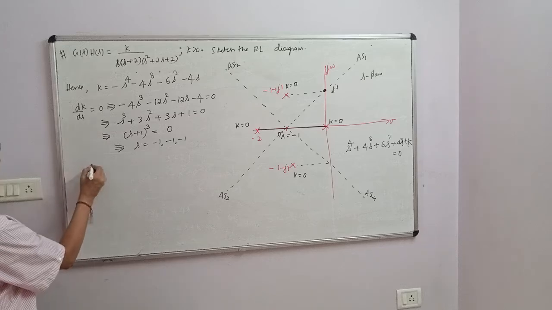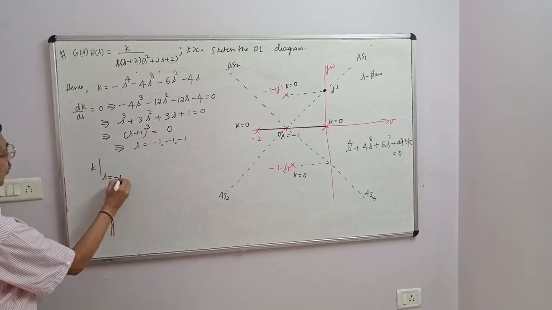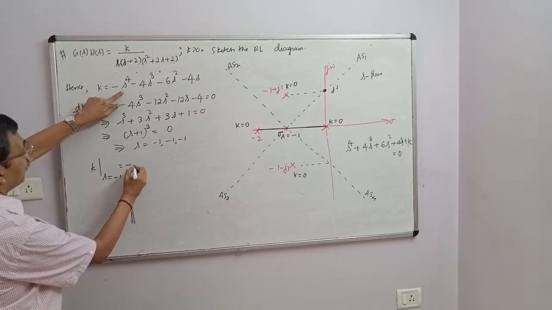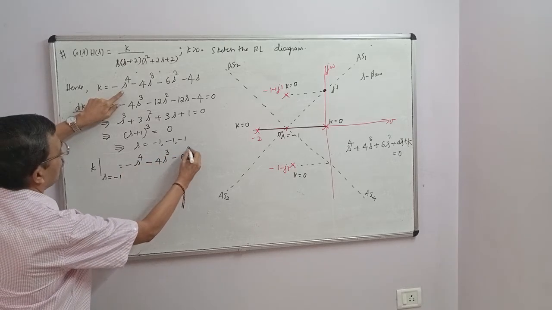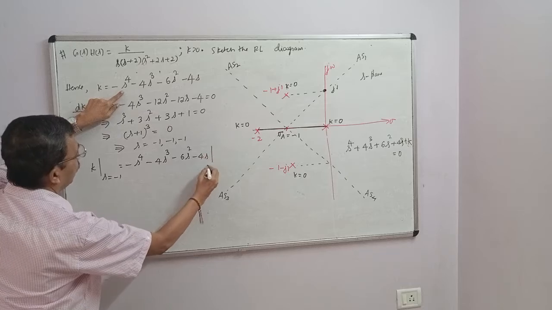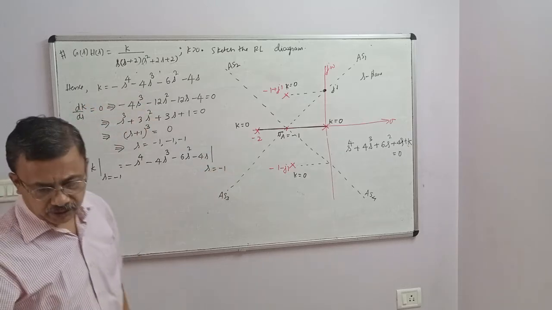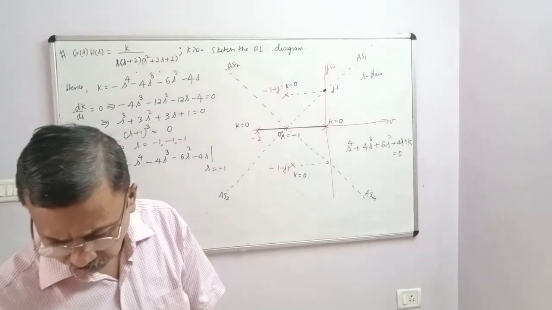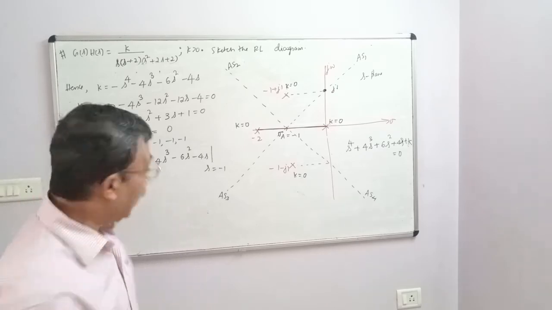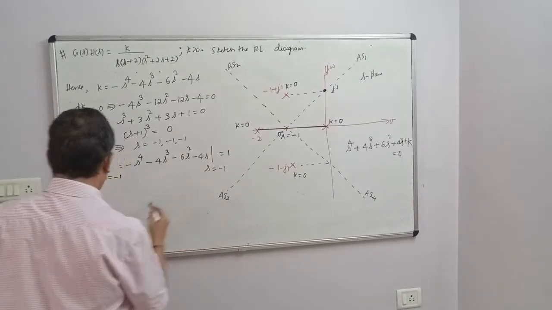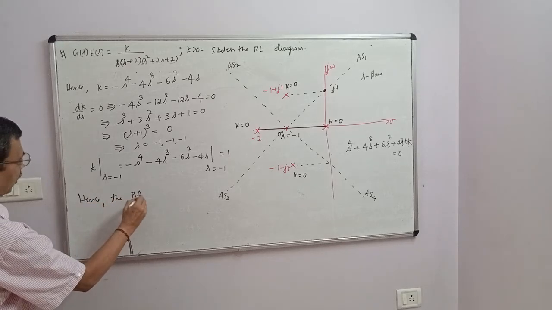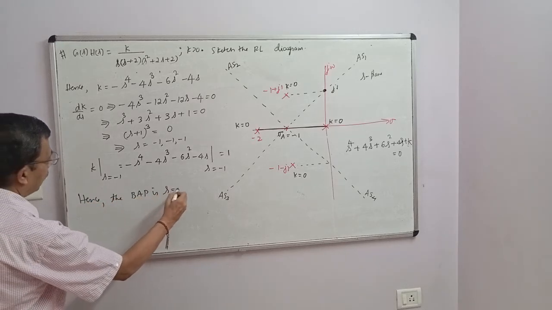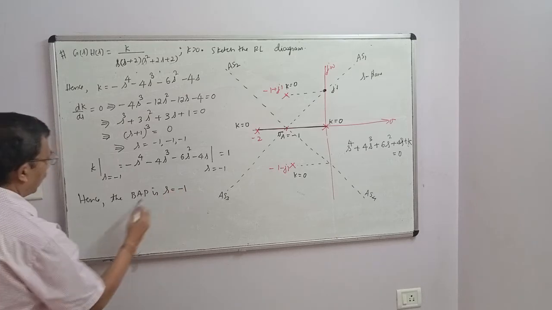The value of K at s equal to minus 1 in this expression, minus s to the power 4 minus 4s cube minus 6s square minus 4s: if you put s equal to minus 1, the value of K will be 1. Hence, the breakaway point is s equal to minus 1.